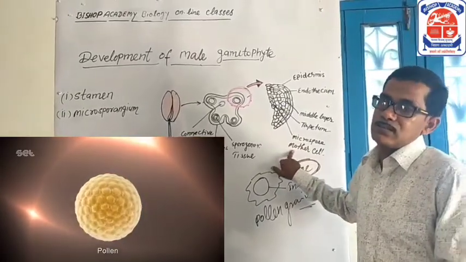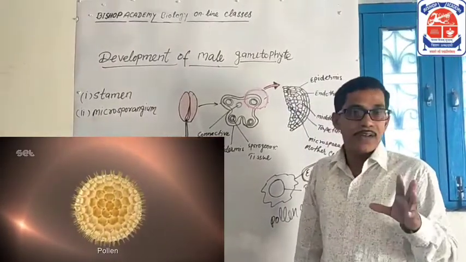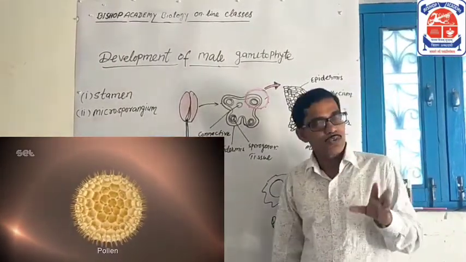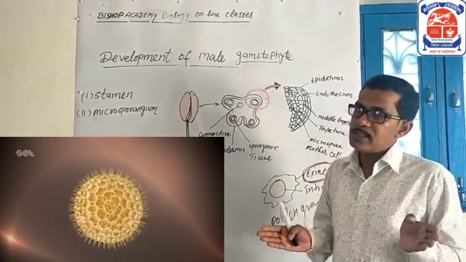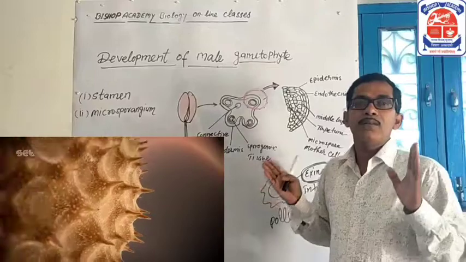Microspore mother cells have sporogenous tissue, and inside the sporogenous tissue meiotic division takes place, and by the meiotic division microspore tetrads are formed.